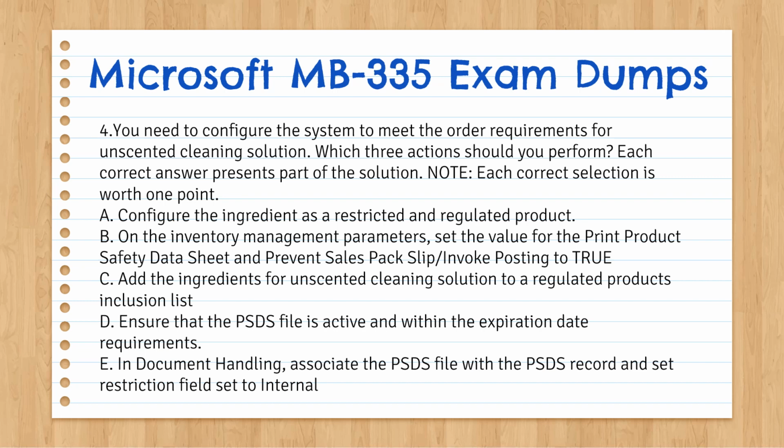B. On the inventory management parameters, set the value for the print product safety datasheet and prevent sales pack slip invoke posting to true. C. Add the ingredients for unscented cleaning solution to a regulated products inclusion list. D. Ensure that the PSDS file is active and within the expiration date requirements. E. In document handling, associate the PSDS file with the PSDS record and set restriction field set to internal.